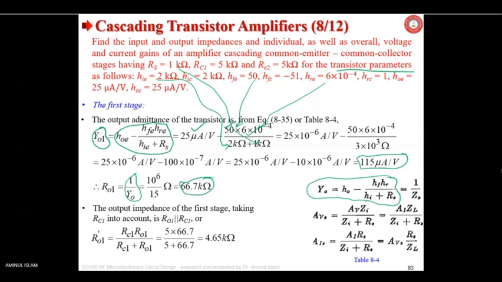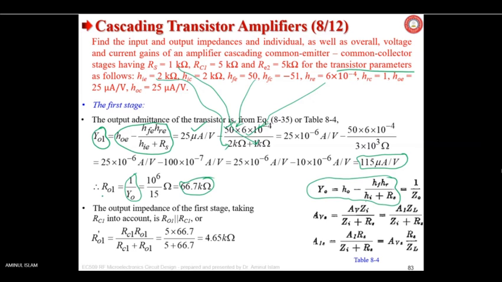In place of the load resistor, what are we connecting at the output of the first stage? Another BJT, which has some input resistance, and that is going to be connected in parallel with RC1. RC1 parallel RI2 is external.